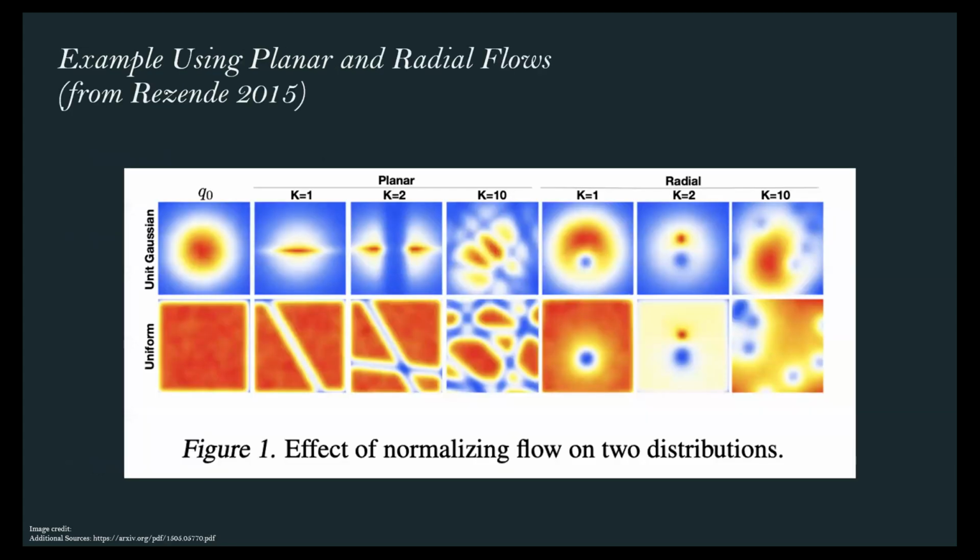And so I liked this. The Rezende paper was one of the papers that sort of popularized normalizing flows. And here they show two examples. They talk about planar and radial flows, which I don't think we talked about in the lecture, and apparently they're not very common. They were even using this for a whole other thing.